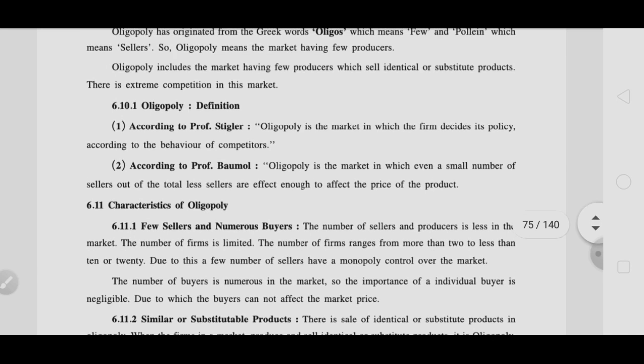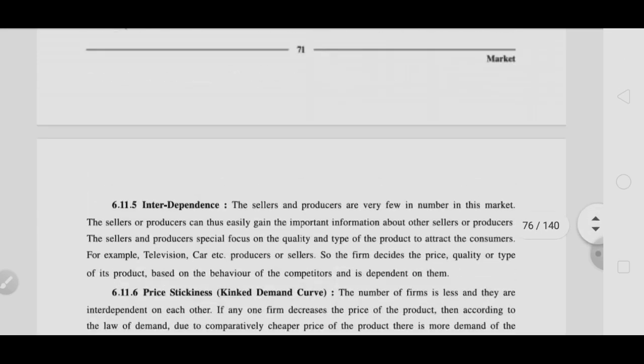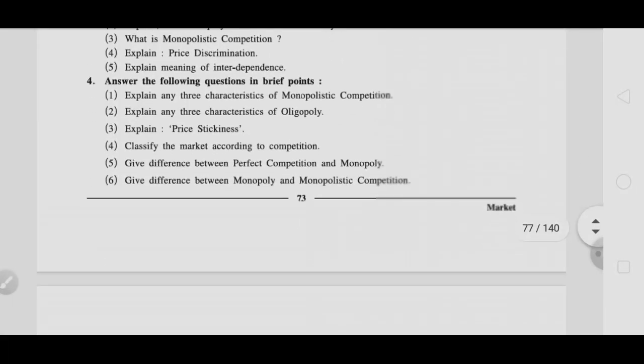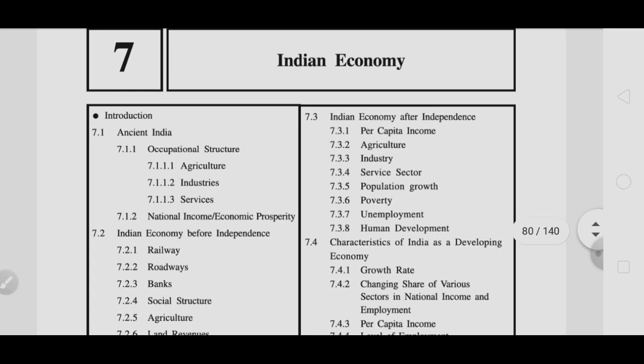Then lastly we will discuss the fourth market form, that is oligopoly, its definition and characteristics. So after discussing all these 4 different forms of a market, we will be able to understand the different market conditions and how the manager deals with each situation.